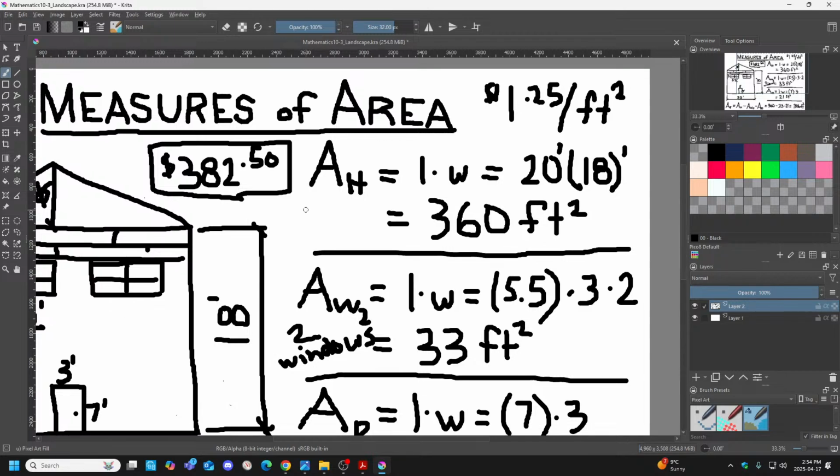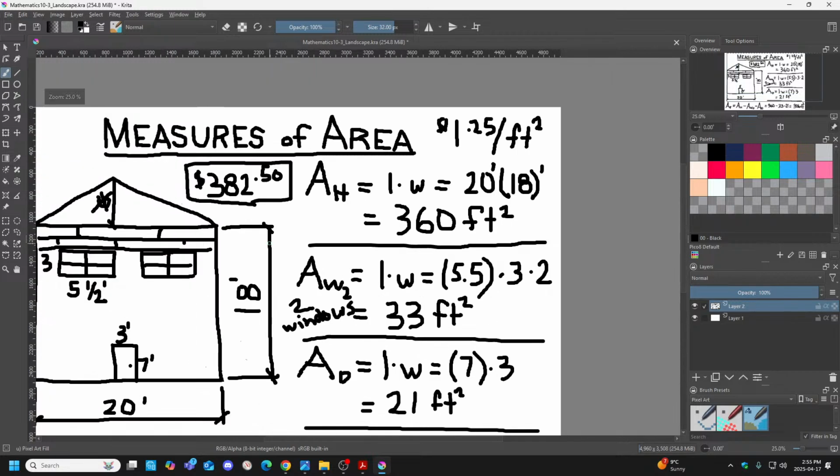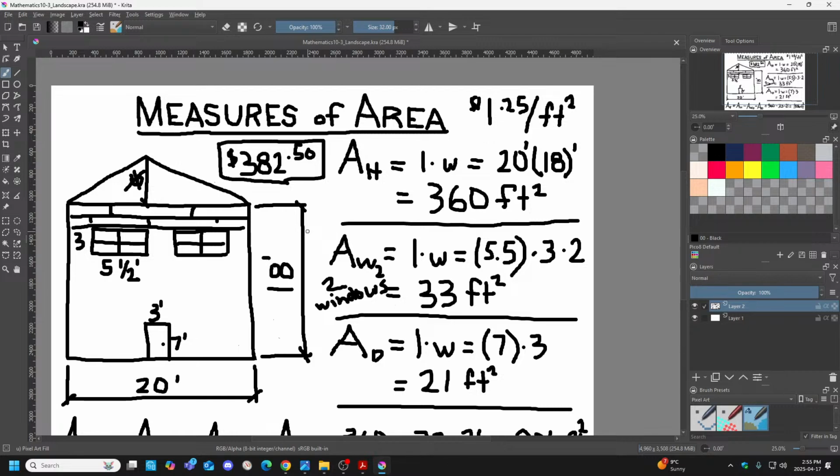382.50. Initially it was 360 times 1.25, so the difference is 382.50 minus that. The guy saved $67, the guy who was crying because he didn't want to be charged for the full area.